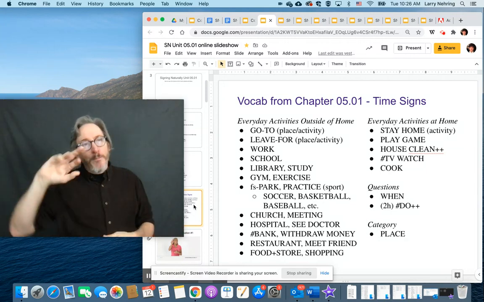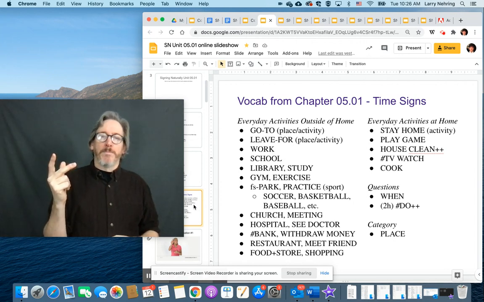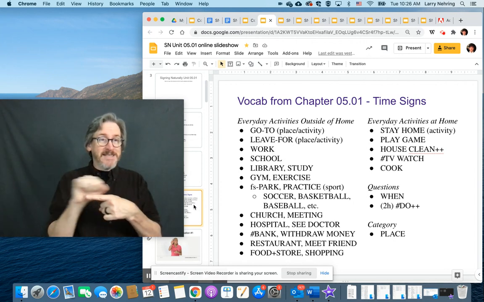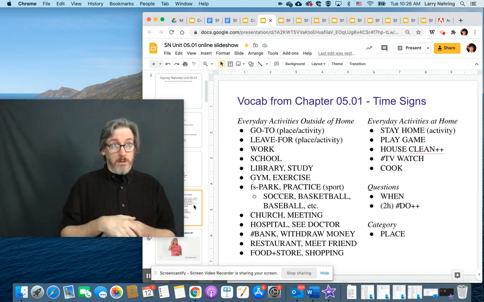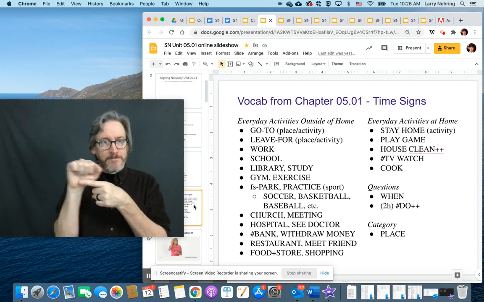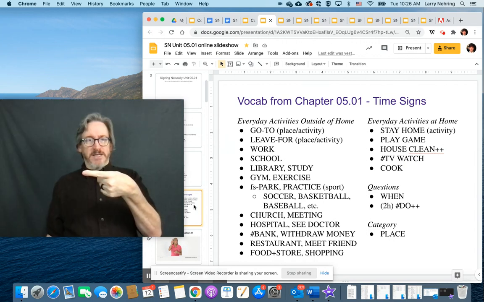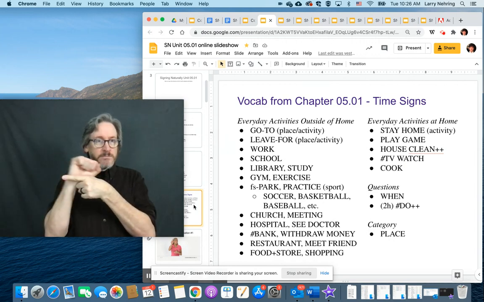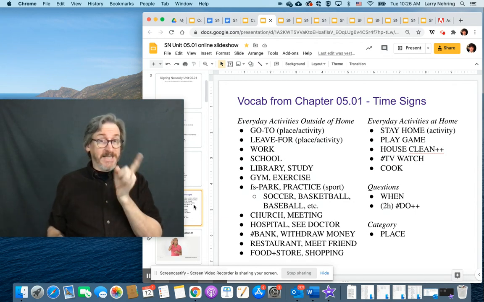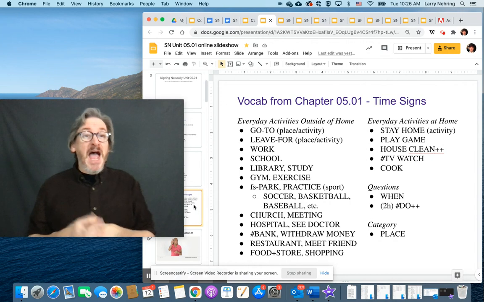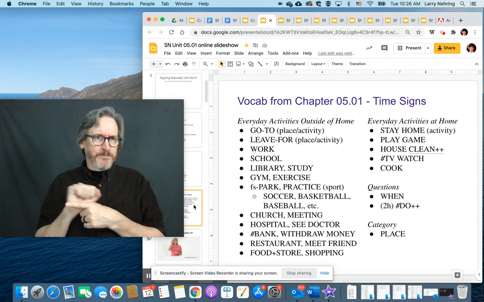So park. Practice. We've signed this way back, I think, in ASL Unit 1 or 2. Imagine you've got a piece of silverware and you've got to polish it. Please don't sign this wrong, because it's a dirty sign and you don't mean I have to go home and practice.